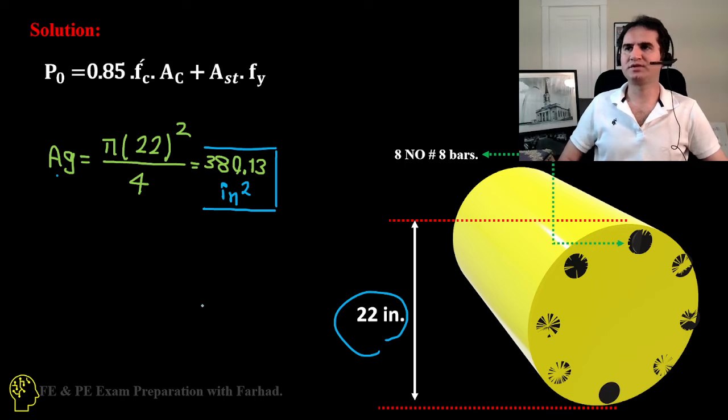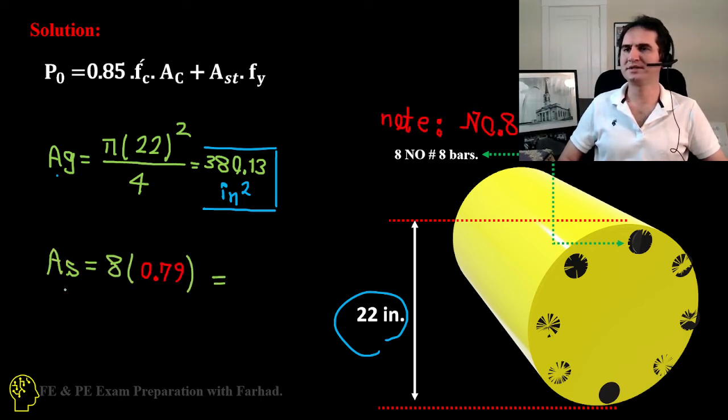Ag is 380.13 inch squared, and the area of steel is 8 number 8 rebars.